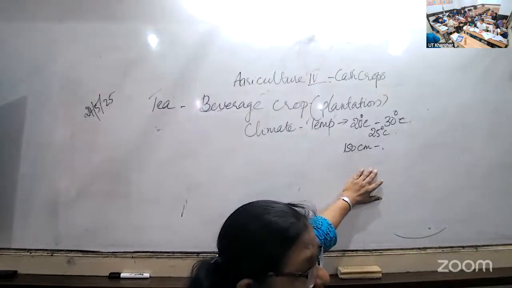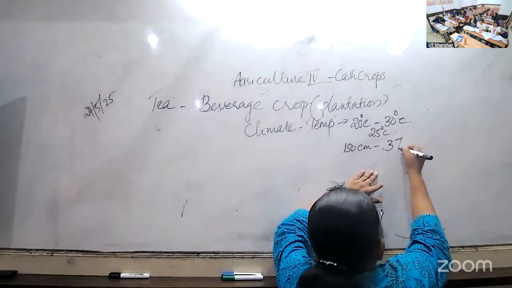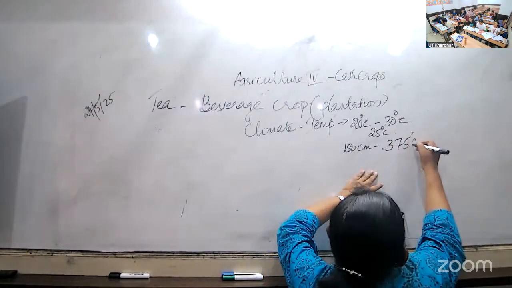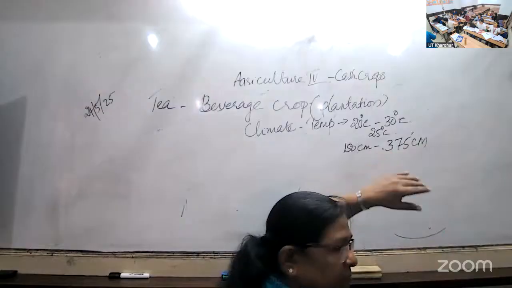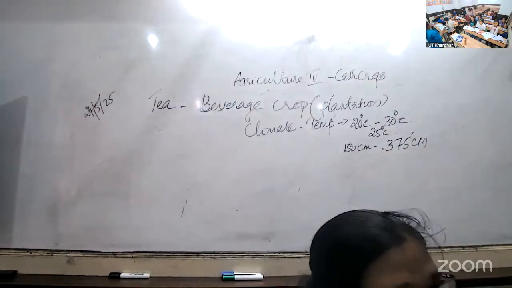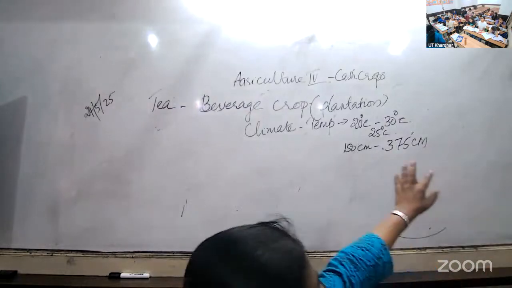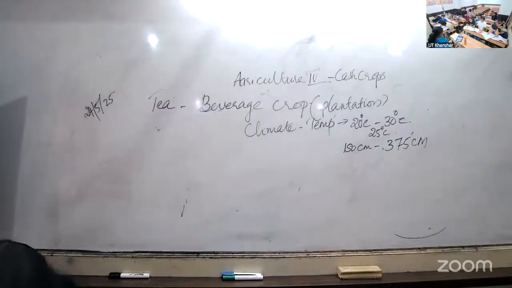It cannot grow in standing water, but it requires rainfall. Understood? Because the tea crop requires much rainfall. Okay. Then, what is the other condition?